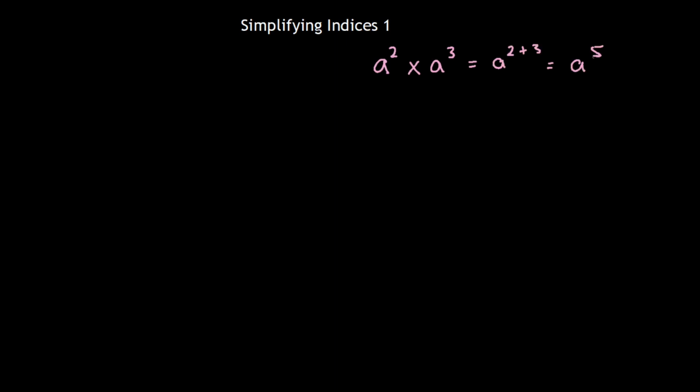Okay, right, so how do we simplify indices? Let's have a look at this question here. So I'm going to write 2 times 3 squared times 4 times another 3 squared. Now before we actually tackle this question here, I'm just going to take you on the side, on the right hand side, and go, if we had 1 times 2 times 3, what's my answer to that? 1 times 2 is 2, times 3 is 6.